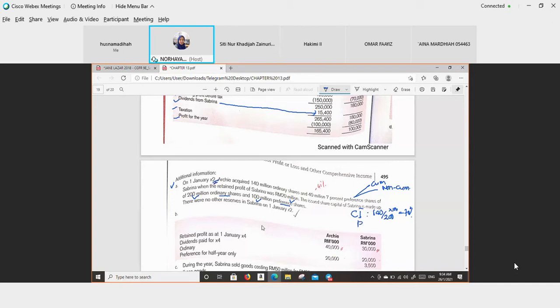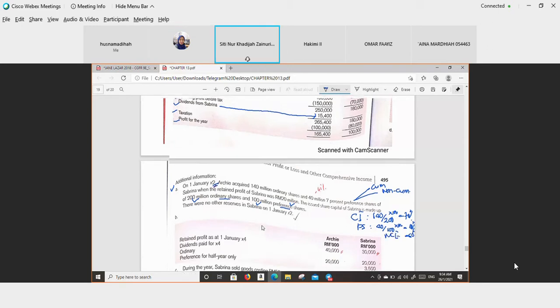For the preference shares, Archie holds 40 divided by 100, which is 40%, so the non-controlling interest is 60%. You must determine this first.